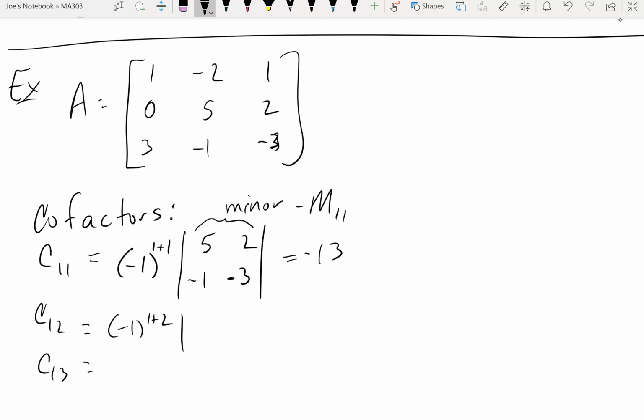I would have -1 to the 1 plus 2. I eliminate row 1 and column 2. So 0, 2, 3, -3 gives me a positive 6 in this case. If I actually wrote it down right this time.